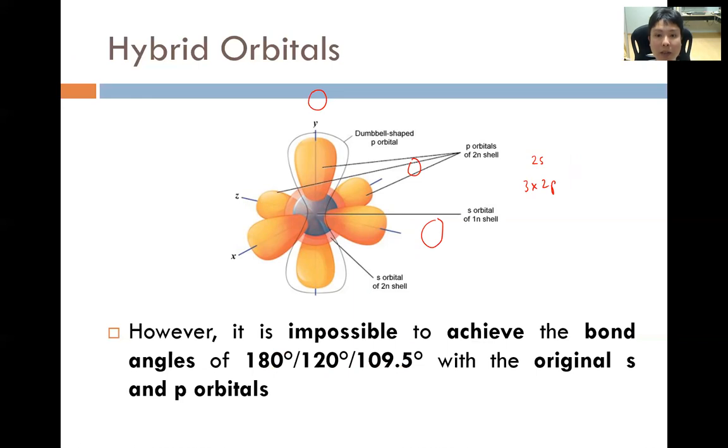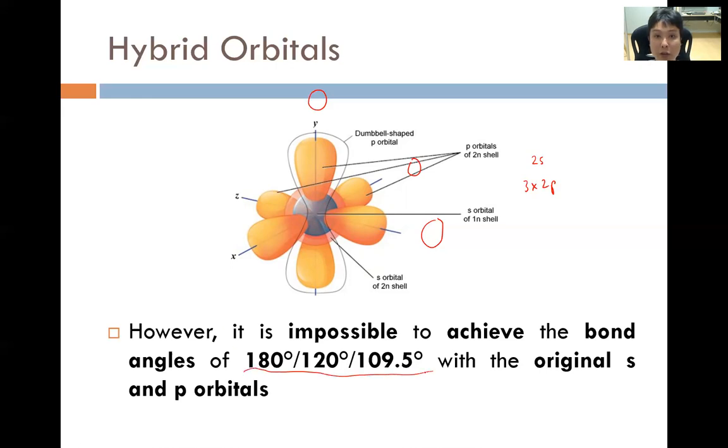Let me state the problem again. Orbital overlap results in the formation of covalent bonds. The ideal bond angles we want in certain molecules are 180, 120, and 109.5 degrees. However, the existing p orbitals, separated at 90 degrees, are unable to form these bond angles.